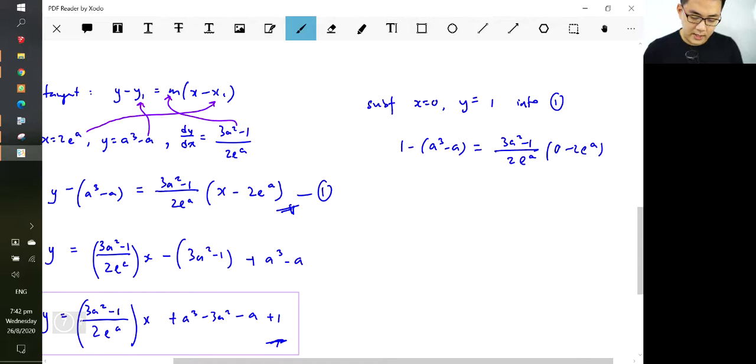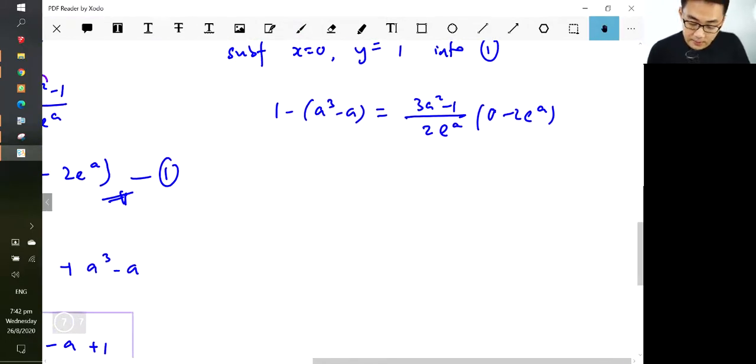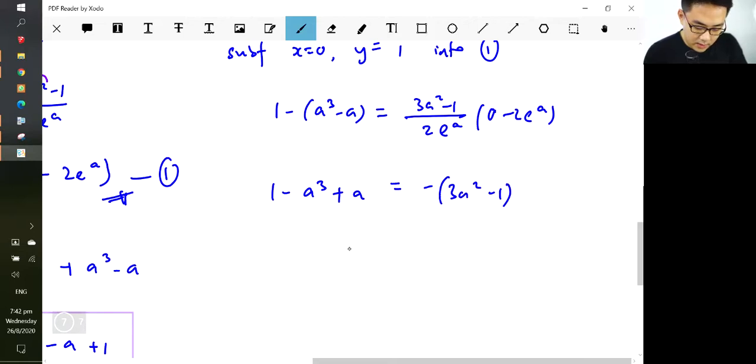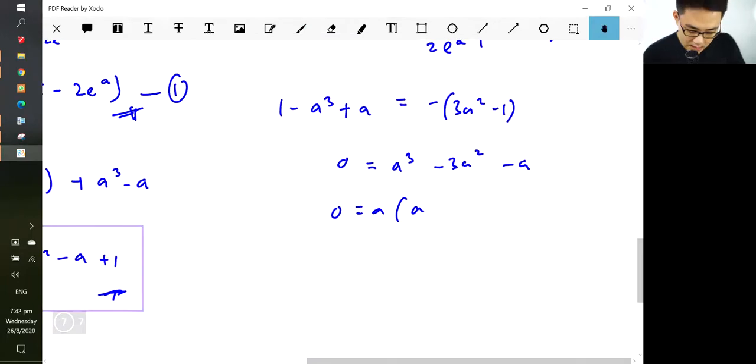Oh, that's pretty okay because you cancel away. So this is 3a squared minus 1, and this would be a cubed minus 3a squared plus 1. So minus 1 minus a, 0. So this is 0: a squared minus 3a minus 1.